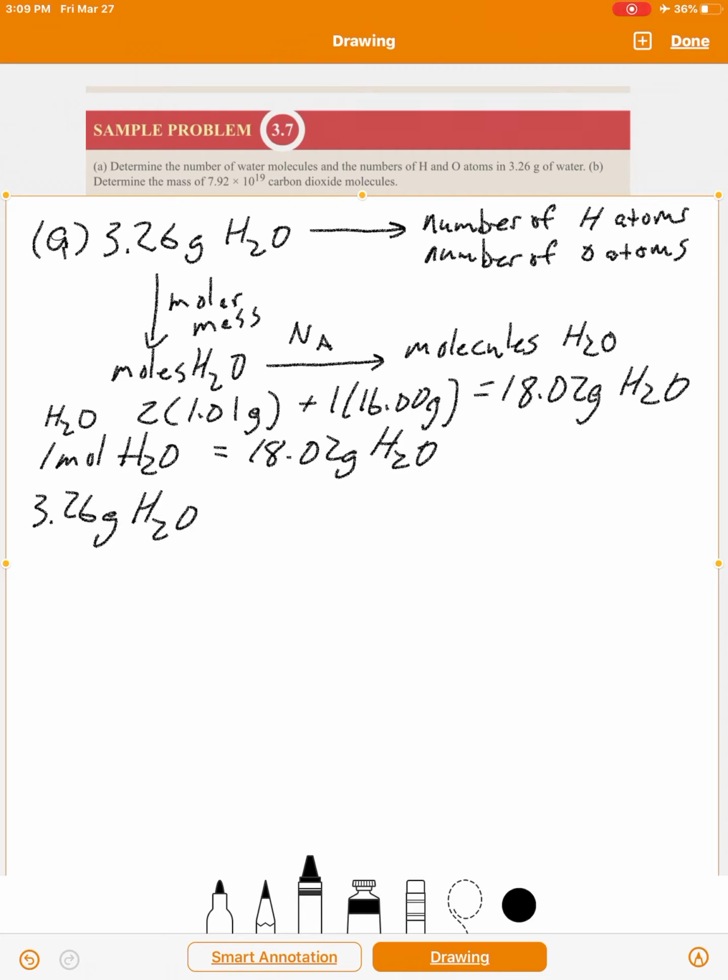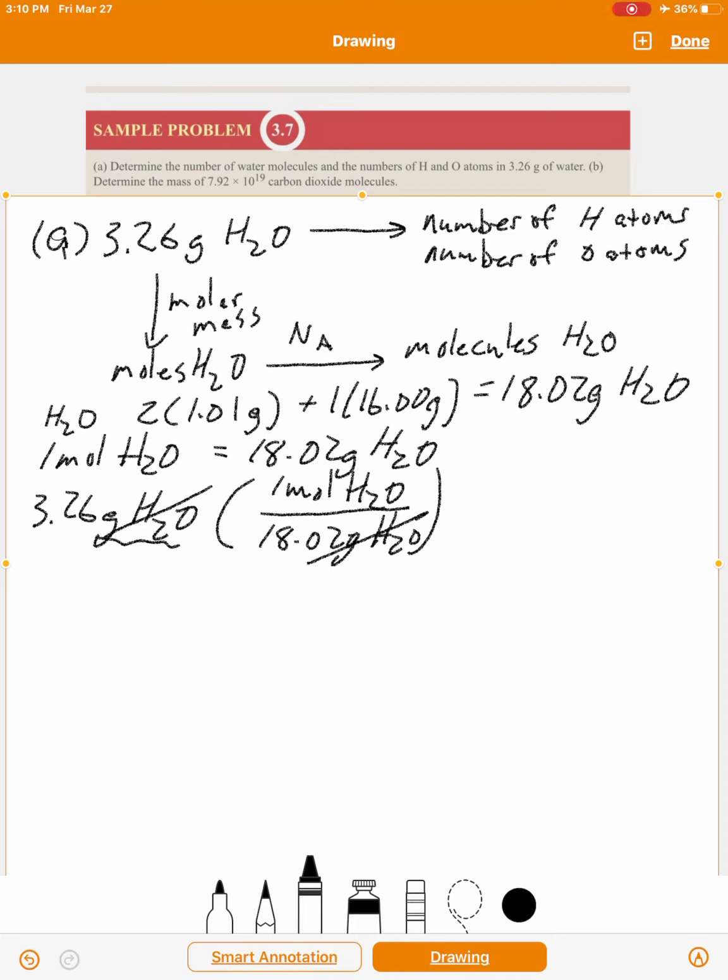3.26 grams of water, and we're going to convert that to moles. So notice I'm putting the mole on the top and the grams on the bottom. Why? Because we have grams here, and we want to get rid of grams. So grams of water divided by grams of water will give us moles of water.